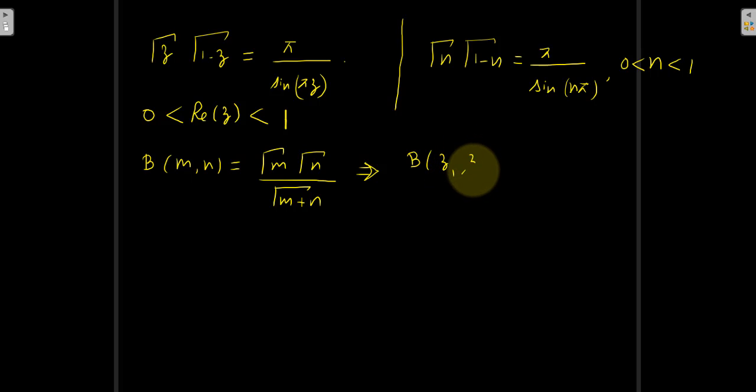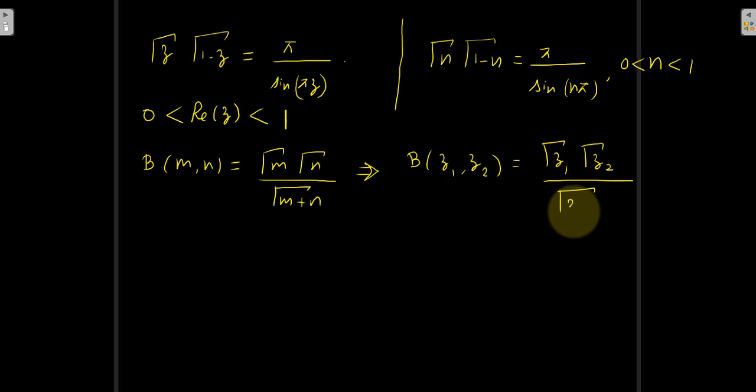So beta z1 z2 will now be defined as gamma z1 gamma z2 divided by gamma z1 plus z2, where there will be a certain condition, and that condition is very obvious. Wherever we have gamma functions, the real part of z1, the real part of z2, and the real part of z1 plus z2 must be greater than 0.